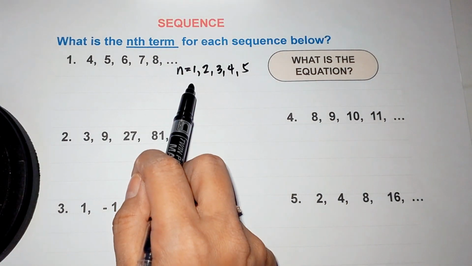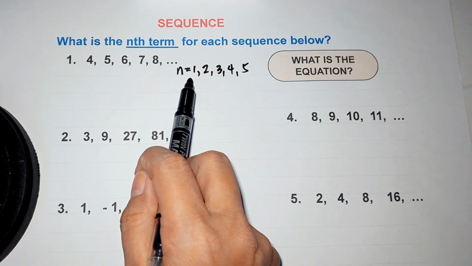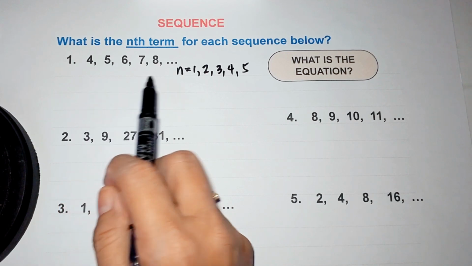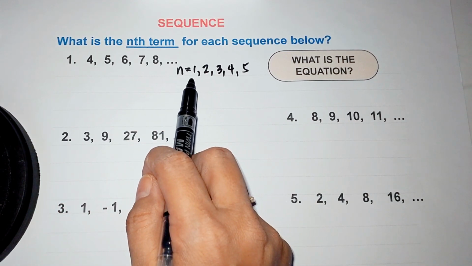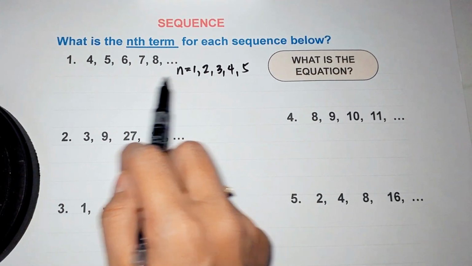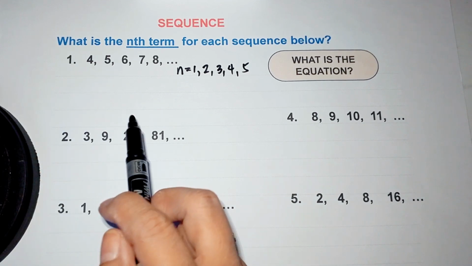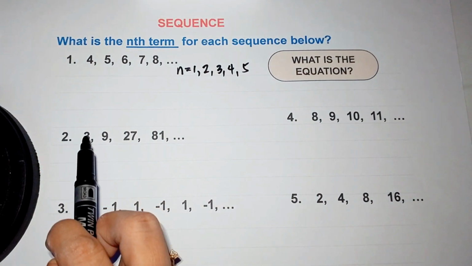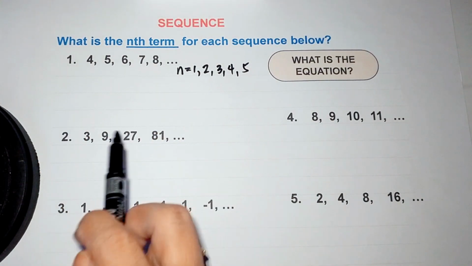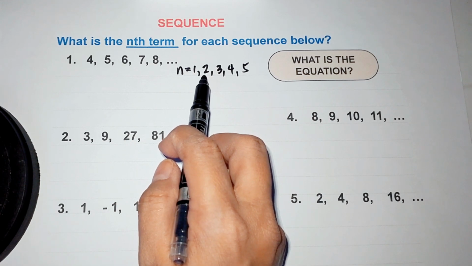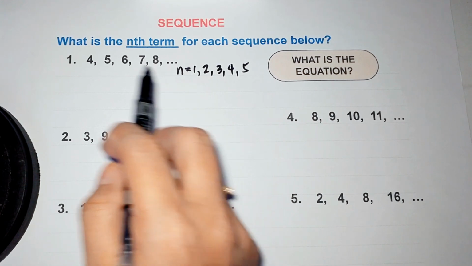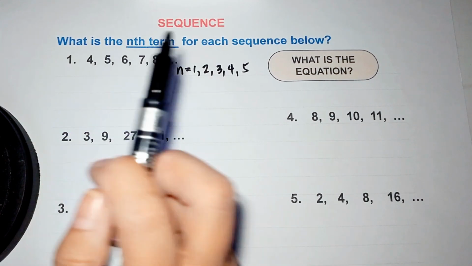Now, when n is equal to 1, what can we do with 1 to get 4? One example is we can add 3. 1 plus 3 is 4. Now, you can check if adding 3 works for the next terms. When n is equal to 2, 2 plus 3 is 5. So, it works.